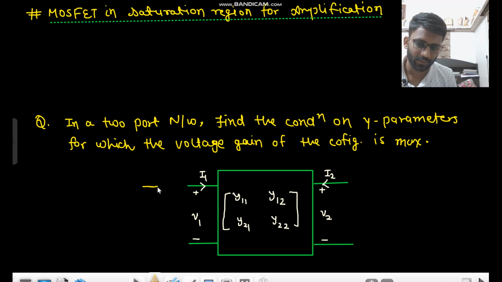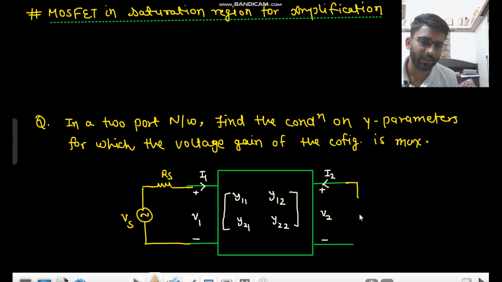This is Rs and this will be Vs. Then we will have a load here, and that load will be RL.